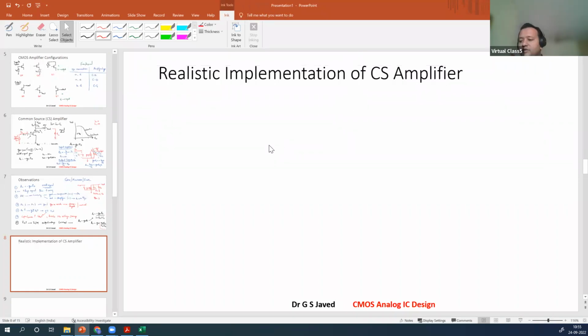Okay, now we will always start with the active device. What is the active device for us? The active device is the NMOS transistor. Right, now you have got the NMOS transistor.